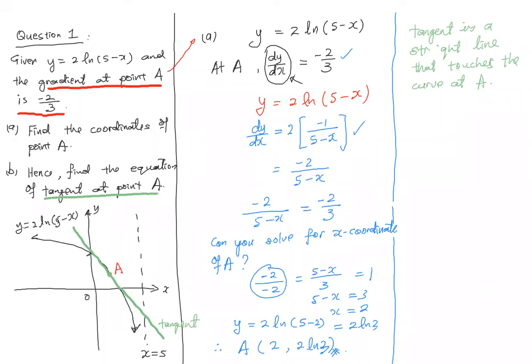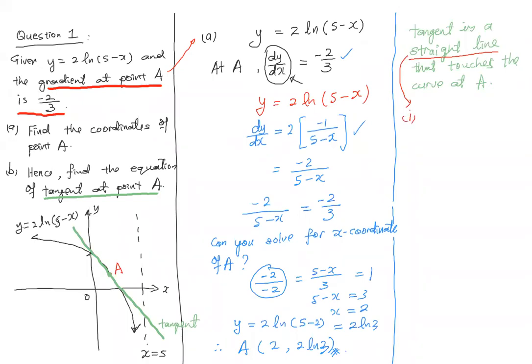Okay, so if I want to find the equation of a straight line, you still can recall how to find it? Y equal to mx plus c. Yeah. So for the equation of a straight line, you have two options.